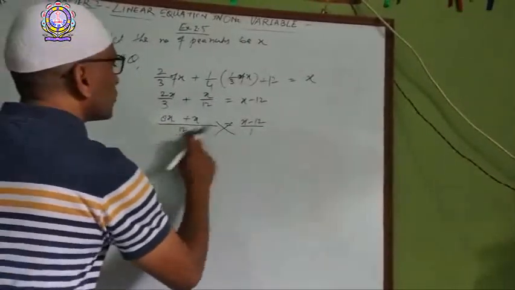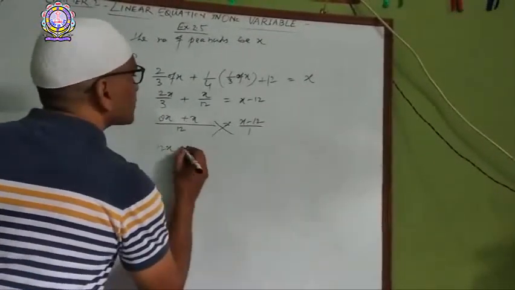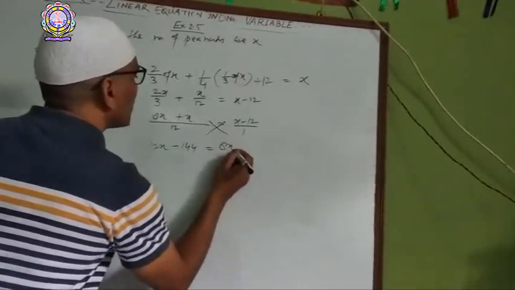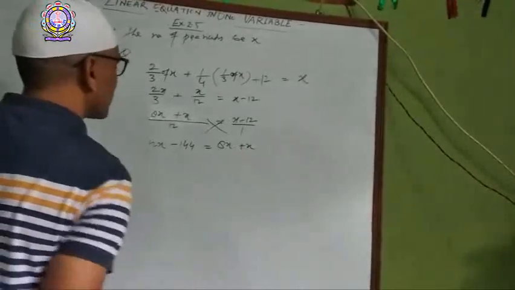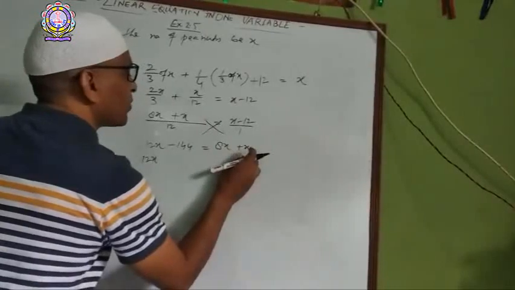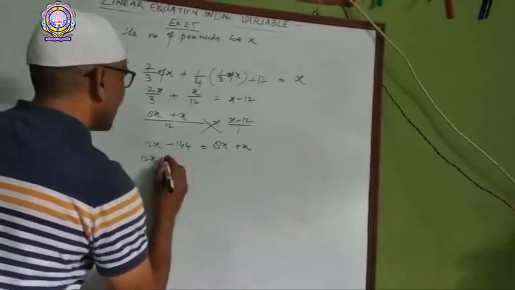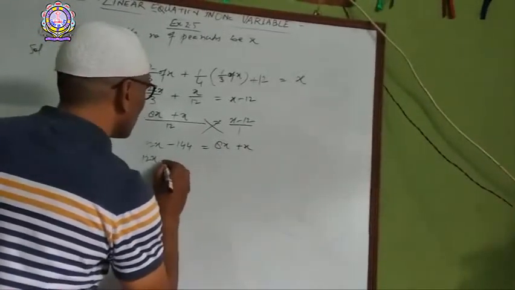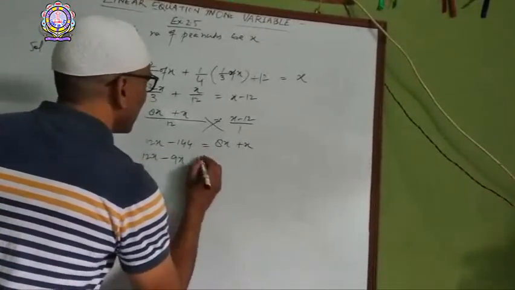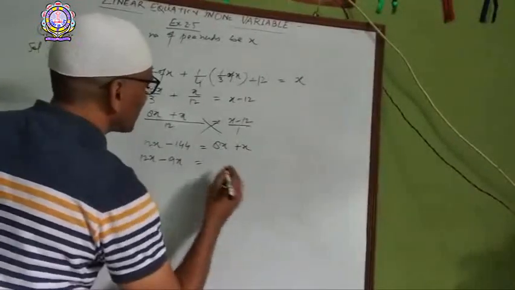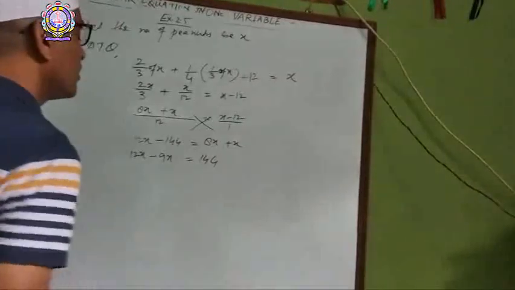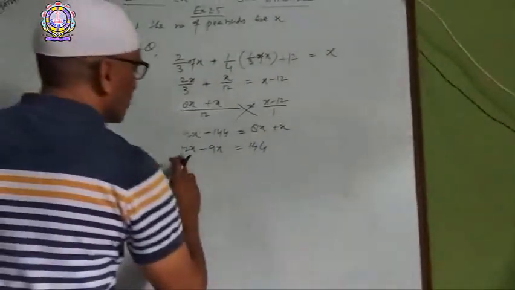This will be equal to 12x minus 144 is equal to 8x plus x. 8x plus 1x is 9x, and 9x is transposed to the left hand side. It will be minus 9x, and minus 144 will be transposed to the right hand side. This will be plus 144.